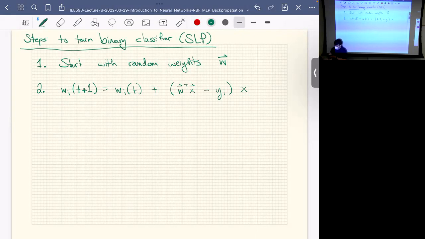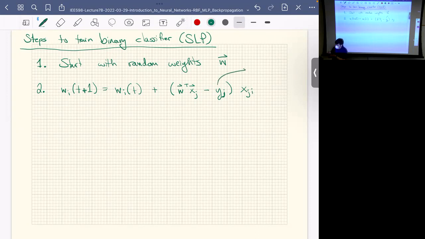I'm sorry, when I wrote that as yi, I meant to write that as yj, where j is the index of my training data. So this is yj, xj, and this is going to be xji.